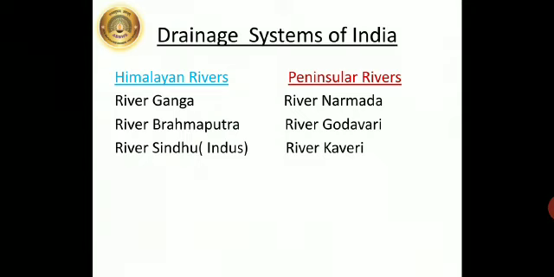The major rivers originating from the Himalayas are Ganga, Brahmaputra and Sindhu, which is also known as Indus. The major rivers originating from the Peninsular Plateau are Narmada, Godavari, Kaveri.